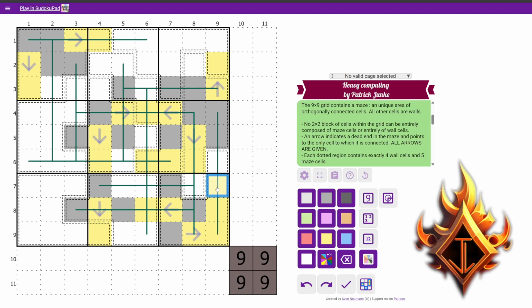So down here in this dotted region, we have 5 maze, which is our maximum. Each dotted region contains exactly 4 wall and 5 maze. So we have our 5 here, so we know that one is wall. And now we know this needs to be yellow to touch orthogonally.